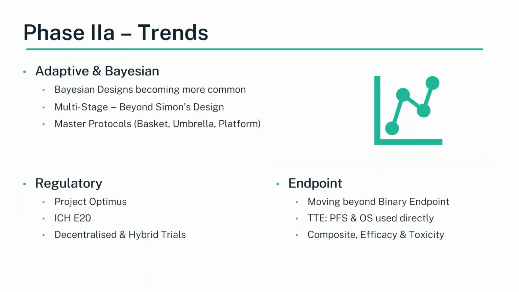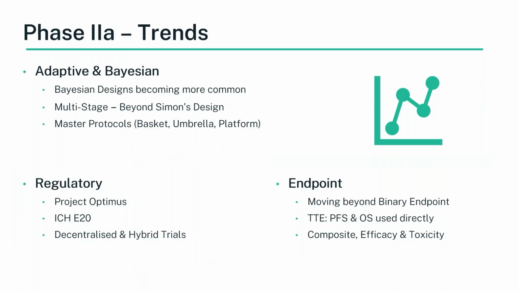So rather than relying on the maximum tolerated dose from phase 1, this is creating a renewed interest in randomized phase 2A, or B, I should say, dose ranging designs and response adaptive randomization, which is obviously a big change from the single arm and maximum tolerated dose based designs that people might be used to.